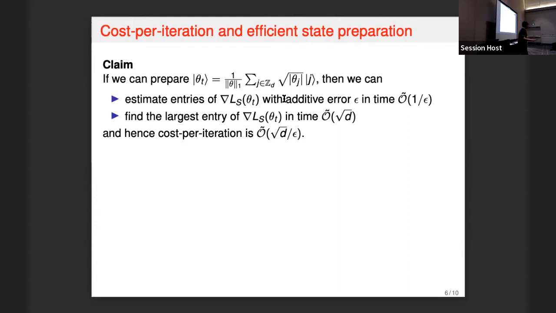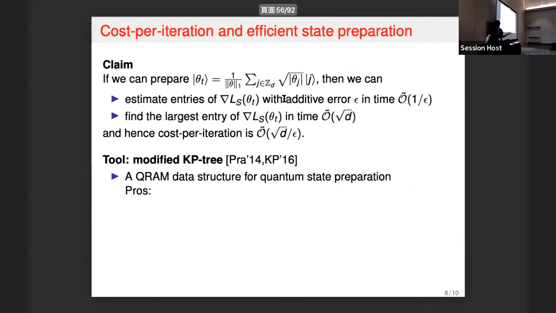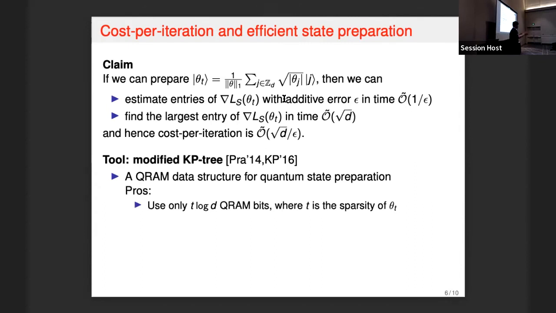And now you might raise another question, that is how we can have such a quantum state. So here we use a data structure we call the modified KP tree. And this is a QRAM data structure for state preparation. The KP is for crediting Kerenidis and Prakash. And there are lots of good things about this type of data structure.